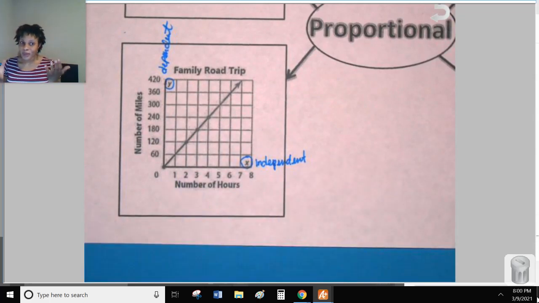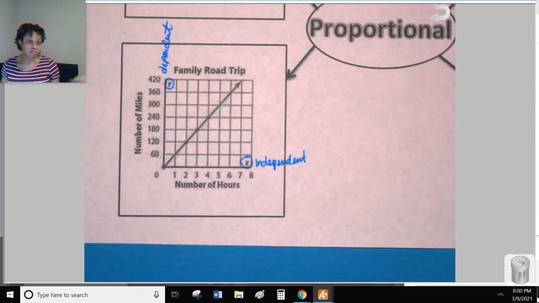So that's the cool thing about multiplicative relationships. You can always think about, is this multiplication or division? Because if it's 0, 0, it's multiplicative. If I don't drive any hours, will I go any miles? No. So if you don't drive any hours, you're not going to go anywhere. So anytime you have an answer of 0, 0, you know it's multiplicative.